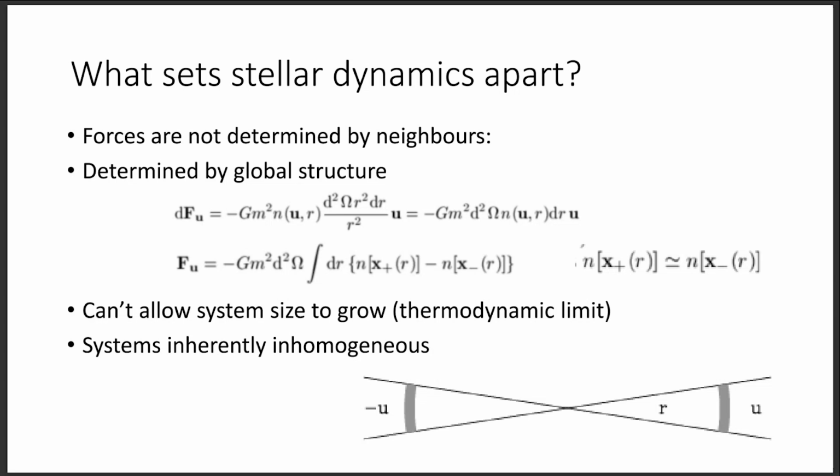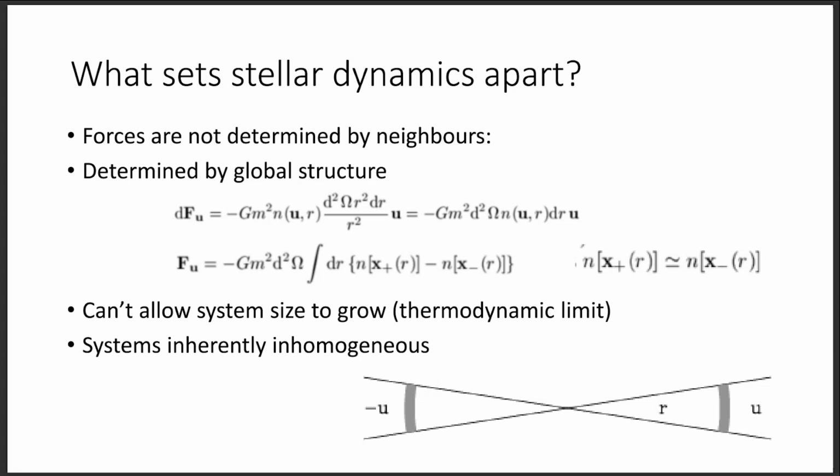Where does the gravitational force come from? The gravitational force on the sun or whatever comes because as you go far in this direction, the density of stars falls off relative to the density in this direction, which maybe increases.